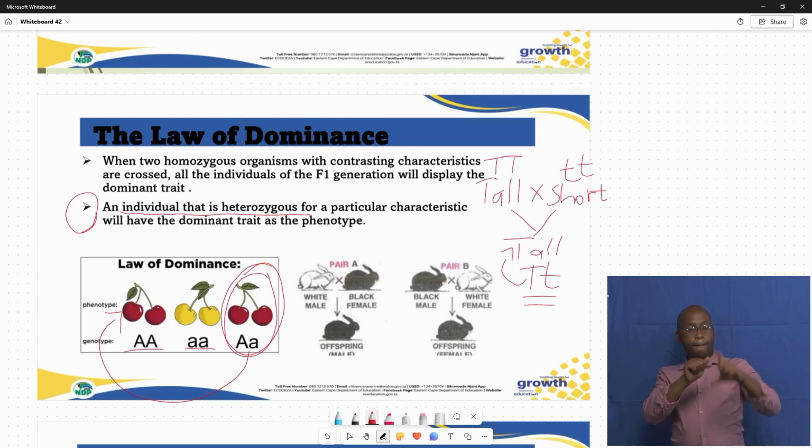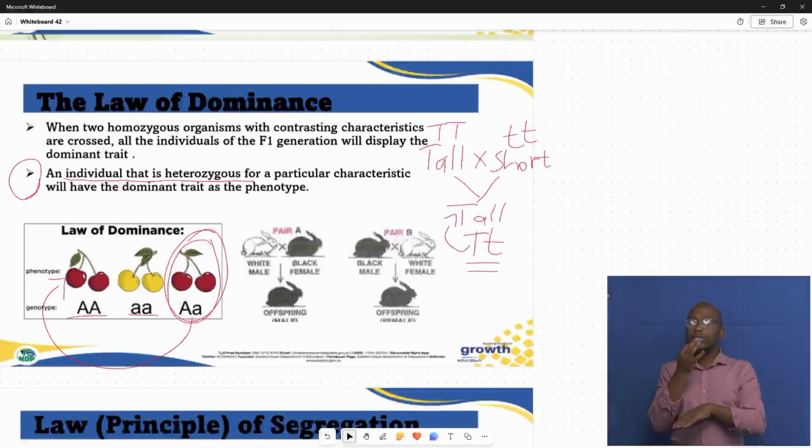So this is the law of dominance. It means that whenever there is a dominant allele, it will always appear in the phenotype, whether it is in the heterozygous condition or in the homozygous condition. But remember, the recessive allele only appears in the homozygous condition.